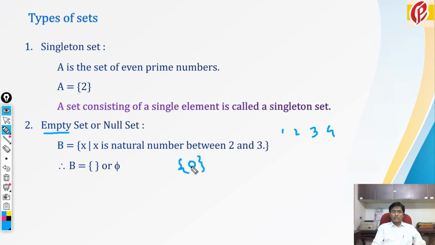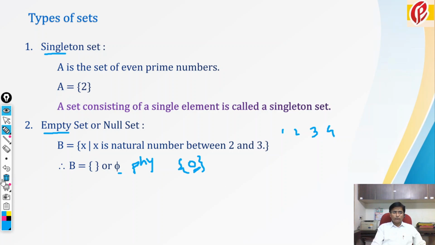No, it is not an empty set because it contains this 0. This is a singleton set. Empty set means there is no element. Getting this? An empty set is also called a null set, and it is denoted by this symbol, which is called phi. P-H-I, phi.